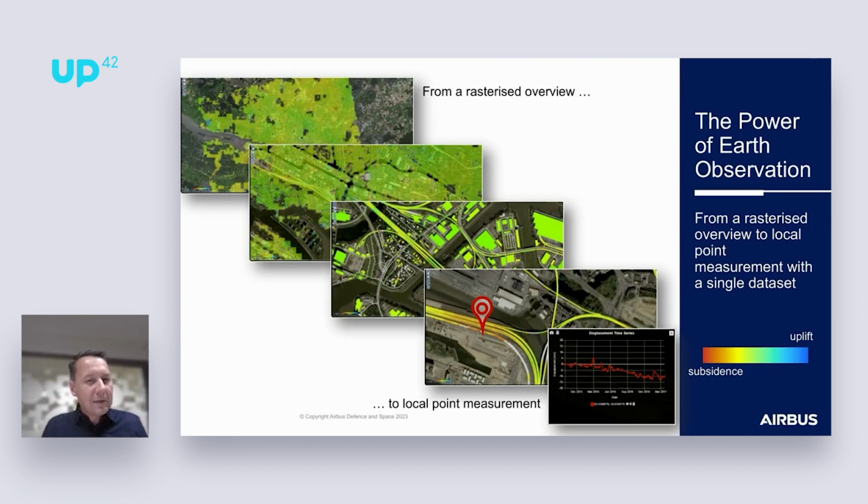So InSAR has the best of both worlds: the raster overview of a very large area, but also the in-depth view of single points with a very high precision, at the level of a ground measurement technique.